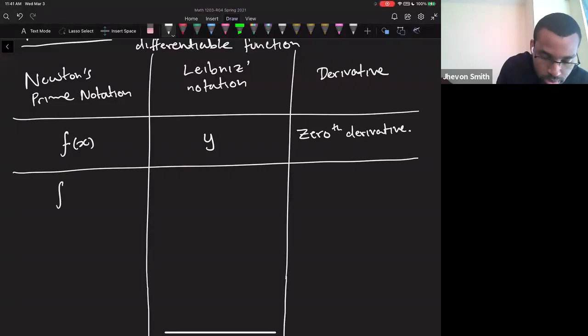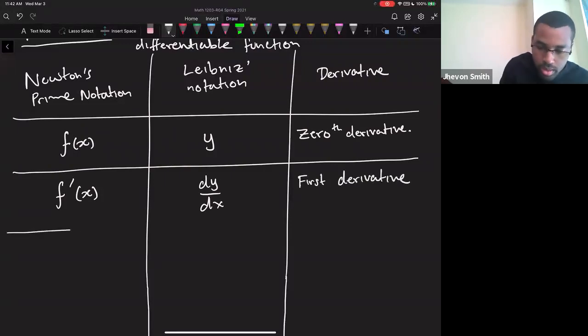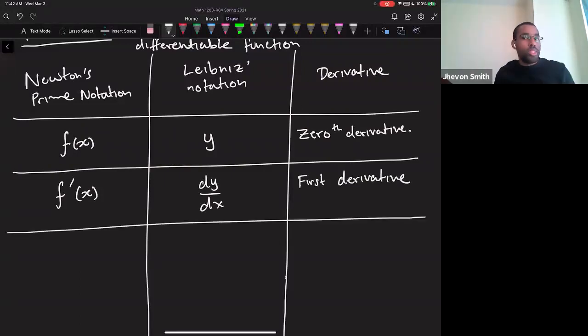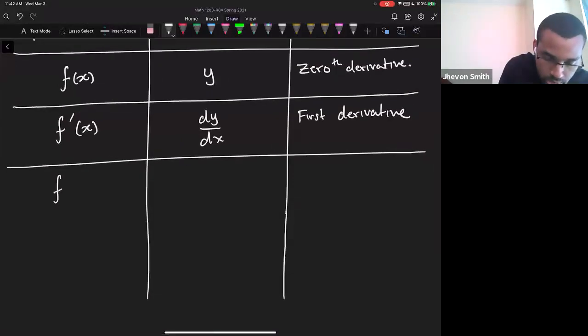Now the first derivative is what we saw, that's the prime notation. We saw this last time, so this is the first derivative. Now, what if we took the derivative of the derivative? What would that look like? Well, in the prime notation, you just add the notches.